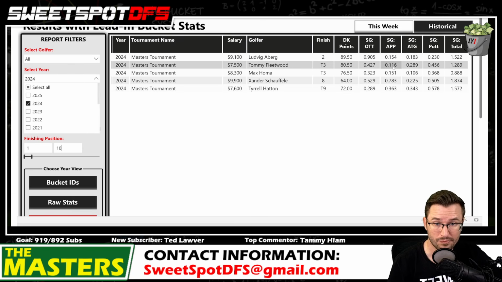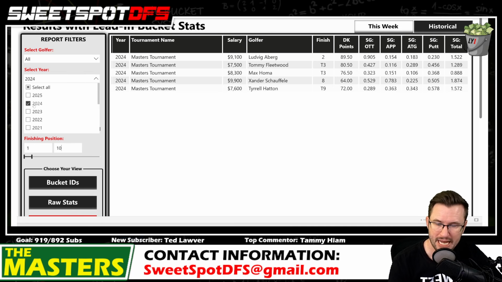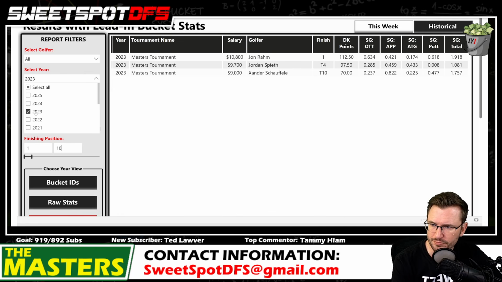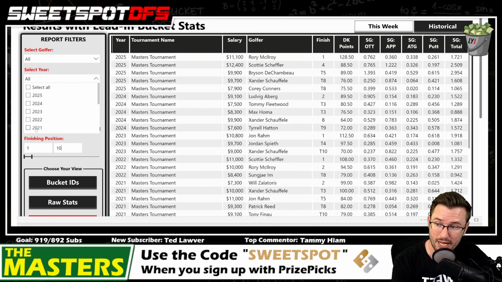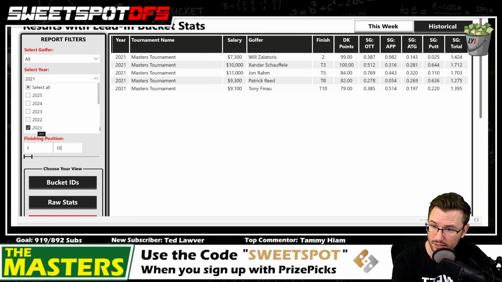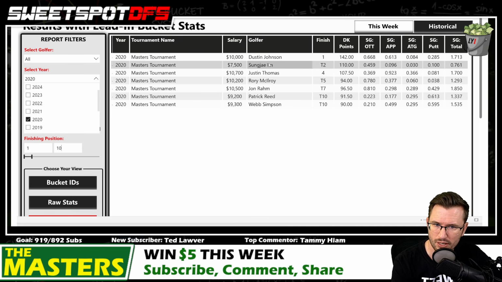Oh my God. Fleetwood 0.116. Both of them over 1 stroke gained total. 2023 didn't count. 2022, Sungjae, nearly 1 stroke, but oh my God. So the approach is not as important as I thought. Zalatoris coming in with just a crazy approach. Strokes gained total, again, over a stroke. 2020, our 7K golfers. Not super good for Sungjae there.